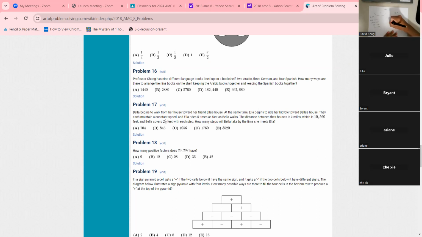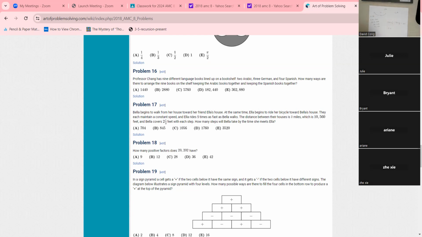Well, she walks 2.5 feet per step, so we want to divide. When we complete this, we get she walks 704 steps, which means 17 is A.